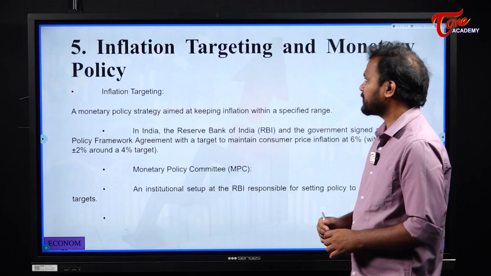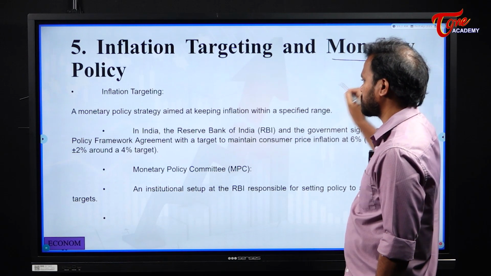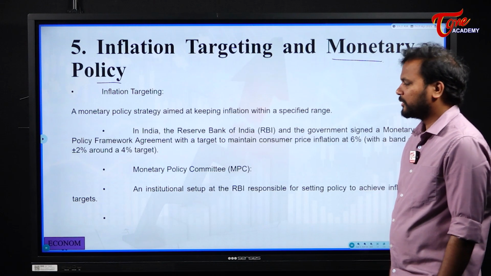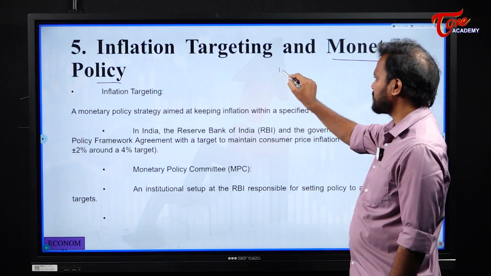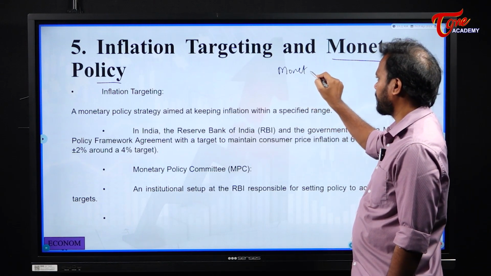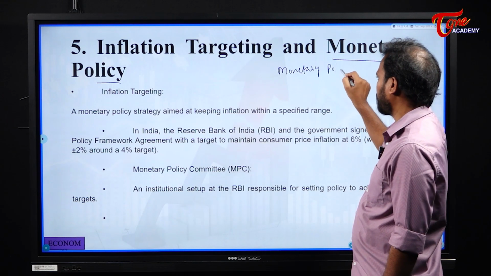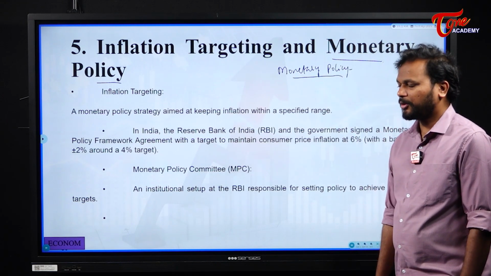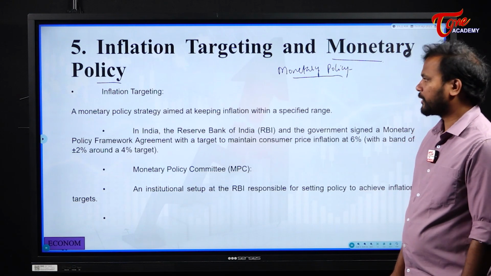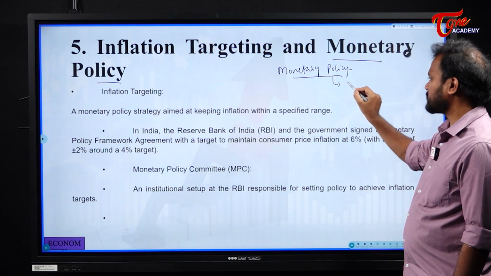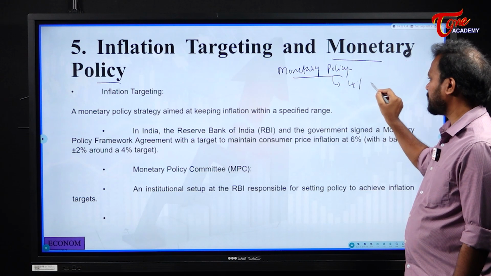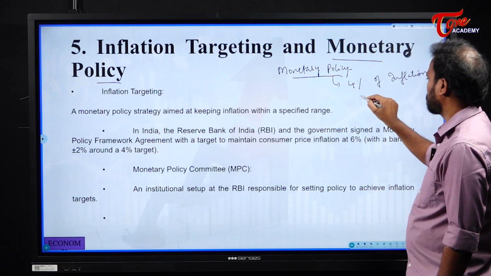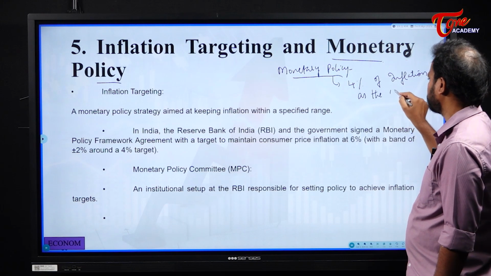Next. Now, inflation targeting and the monetary policy. Okay. Now, when we discussed the monetary policy, I told you one thing. According to the Monetary Policy Committee, or according to the Urjit Patel Committee that was appointed in the year 2014, the Monetary Policy Committee aimed at a 4% rate of inflation as the optimal rate.